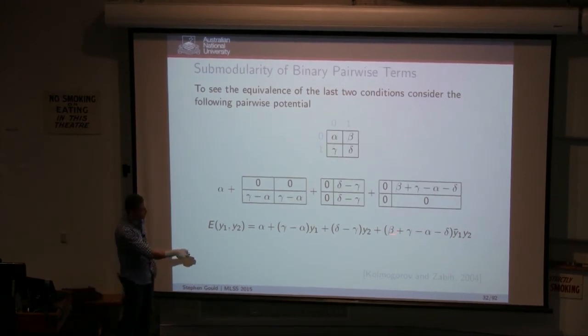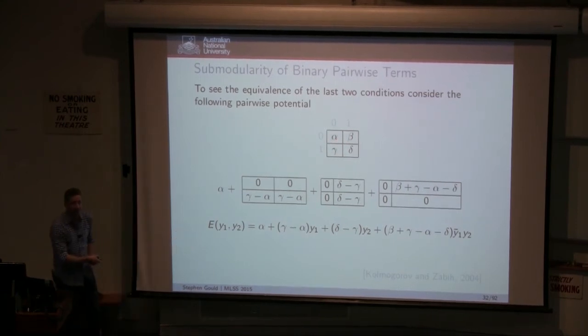So for the coefficient here to be positive, I need beta plus gamma to be greater than or equal to alpha plus delta, right? Which is to say that the sum of the off diagonals has got to be greater than the sum of the diagonals. Okay, any questions? Okay.